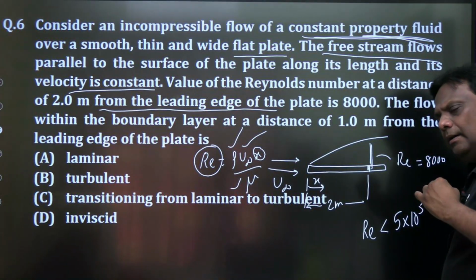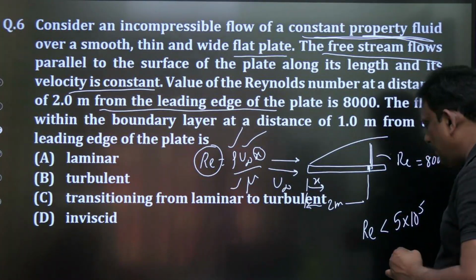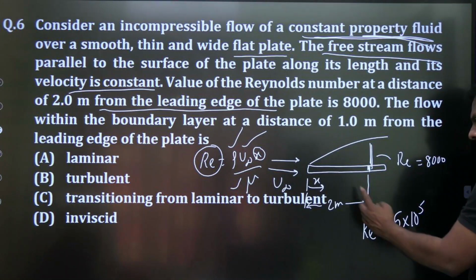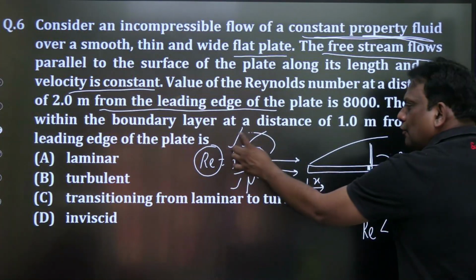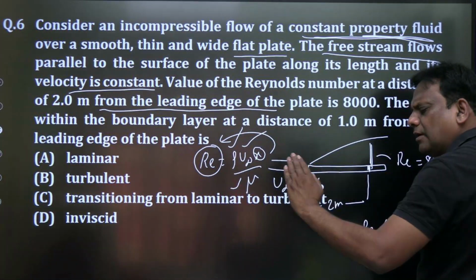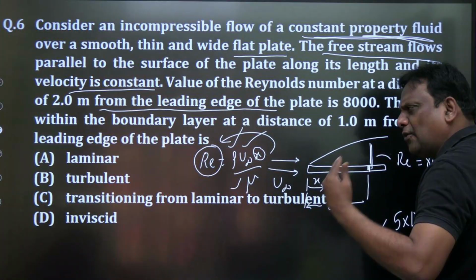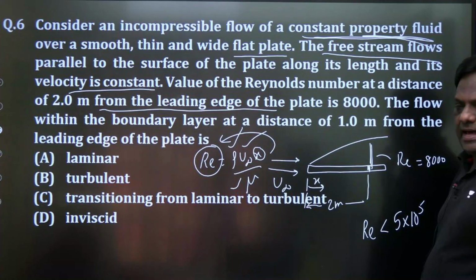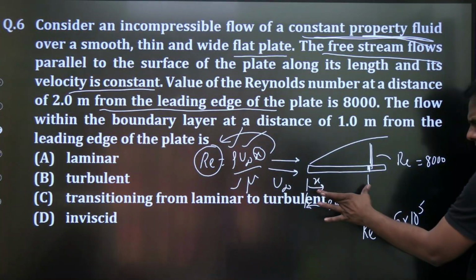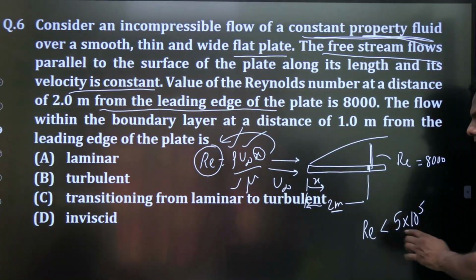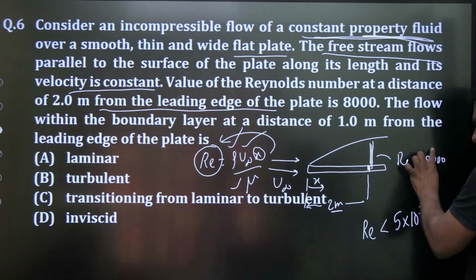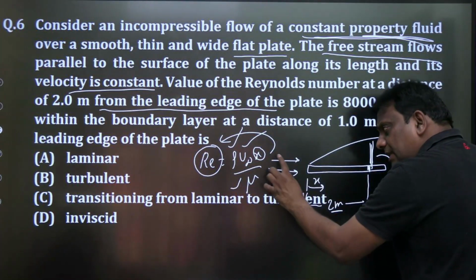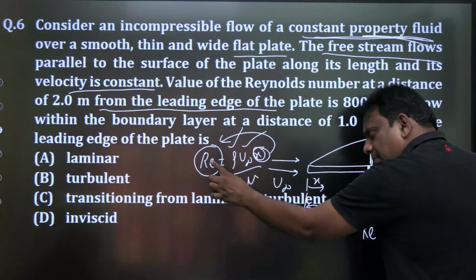For laminar flow, if you want pure laminar, the Reynolds number 5 into 10 power 5 gives the maximum value of x. Less than that x, it will be laminar. The length is 2 meter and at this length, the Reynolds number is 8000.